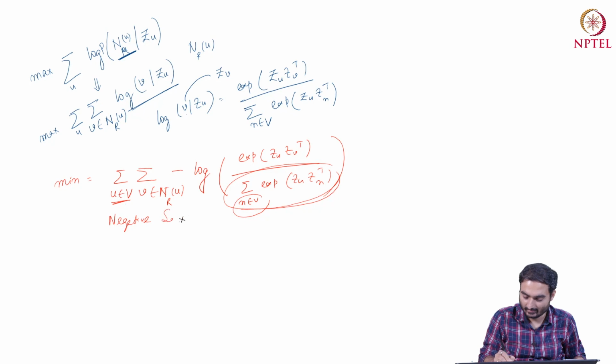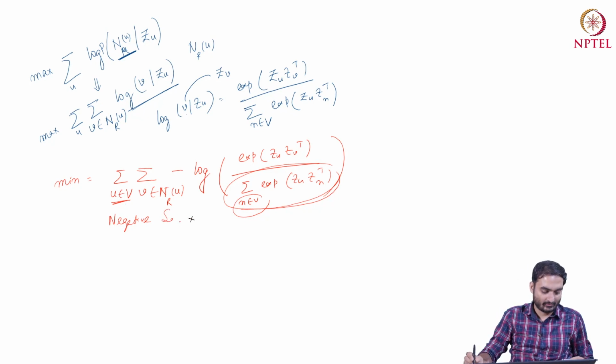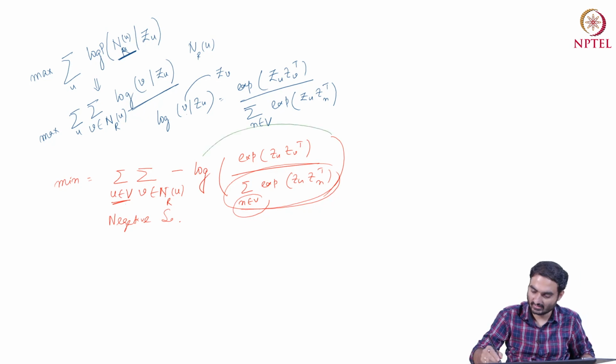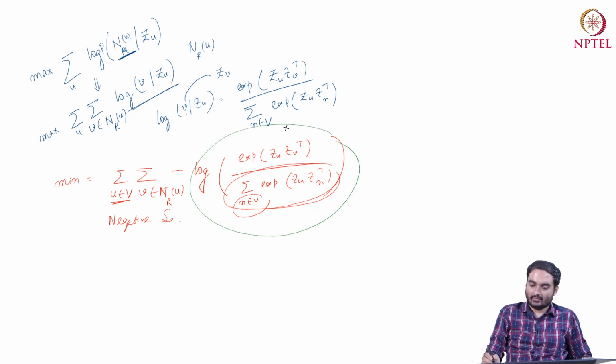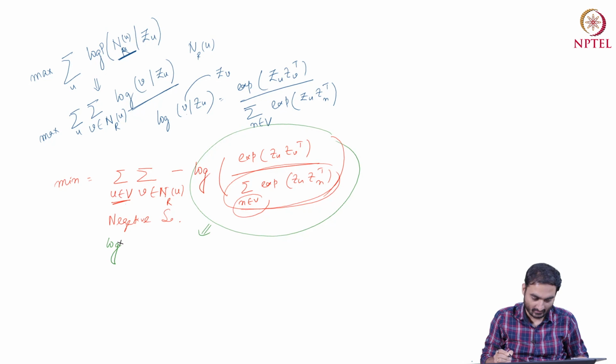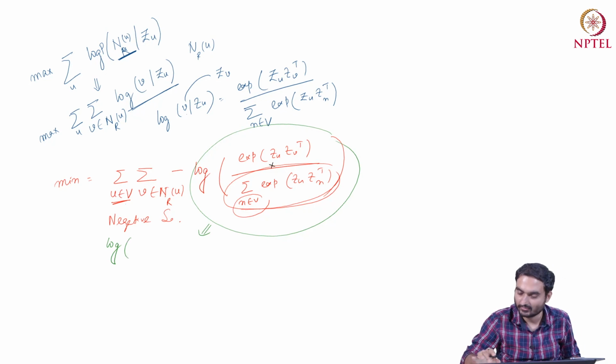We apply negative sampling here, and then this term would be approximated by log of... remember, when we unfold it, this is log x by y, log x minus log y. So this is log x, log exponential will cancel out.